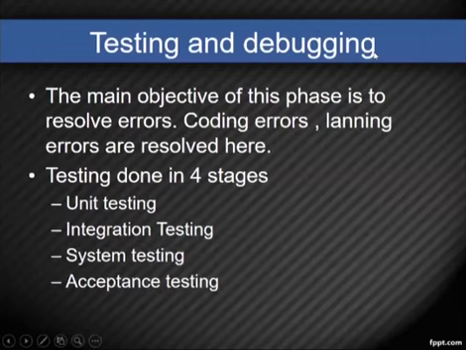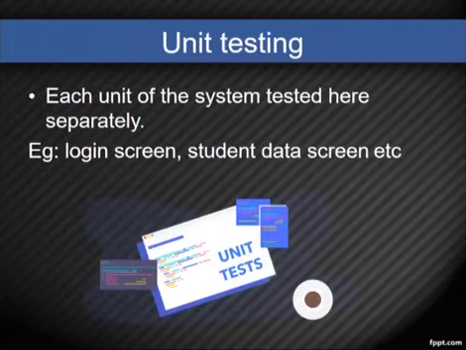Testing and debugging. After the coding, we test the system. We have to ensure that the whole code is running perfectly. For that, we have 4 stages of testing. First, unit testing. In unit testing we test only a small unit. Say the whole system is a student management system.